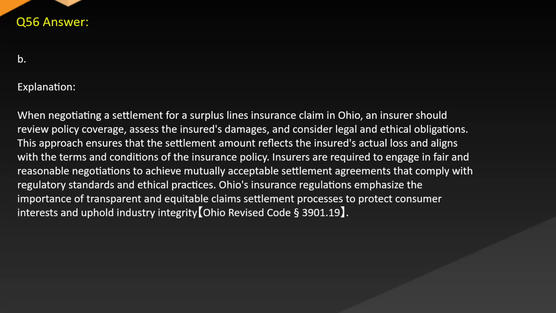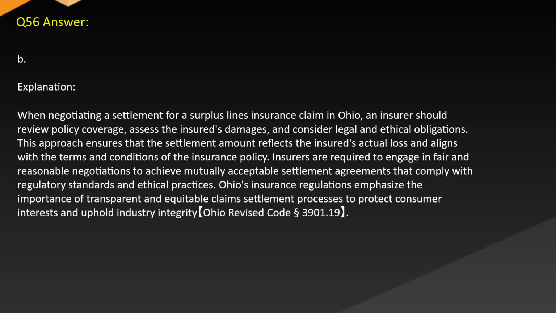Answer: B. Explanation. When negotiating a settlement for a surplus lines insurance claim in Ohio, an insurer should review policy coverage, assess the insured's damages, and consider legal and ethical obligations. This approach ensures that the settlement amount reflects the insured's actual loss and aligns with the terms and conditions of the insurance policy.